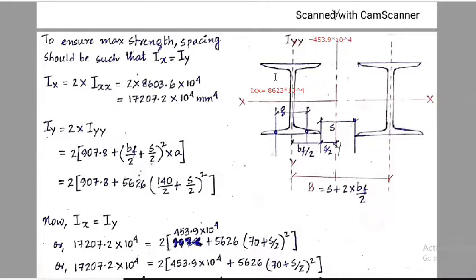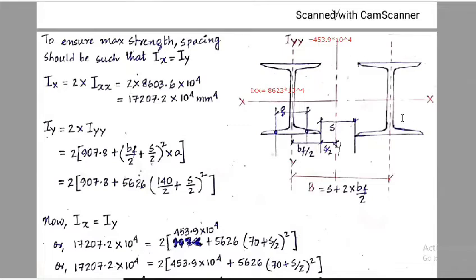Now what happens for the built-up column? It is a coincidence that the x-x axis for the entire built-up section corresponds with the x-x axis of one single I-beam. So in order to find the moment of inertia for the entire built-up column, you simply multiply the moment of inertia of one I-beam by 2, because there are 2 I-beams.